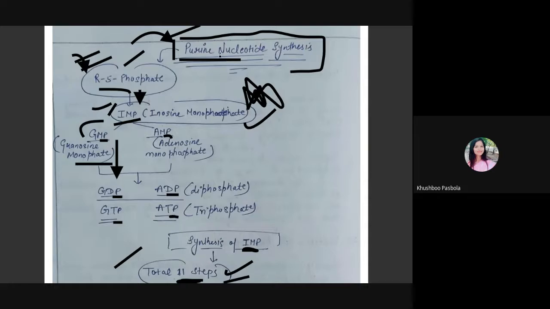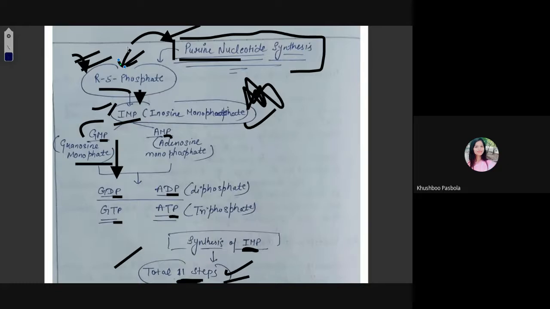So, purine synthesis basically starts from a component known as ribose 5 phosphate, and this ribose 5 phosphate will come from the PP pathway, that is the HMP shunt. So what is the PP pathway? That is the pentose phosphate pathway.